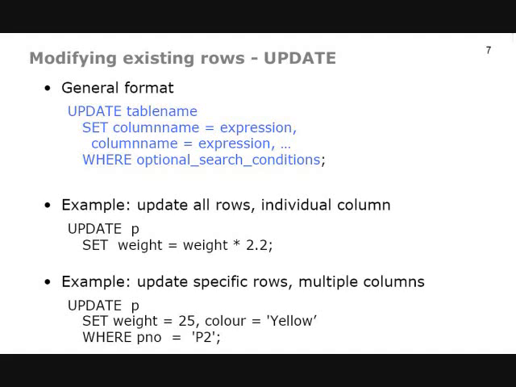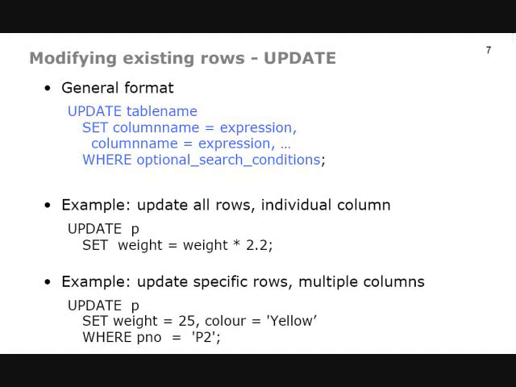It's a bit like a select statement. So if I want to update all of the rows, but only individual columns, I could say, for example, update the parts table. So I need to give update, the table I want to update, and then the column that I am going to change. Set weight equal to weight multiplied by 2.2.